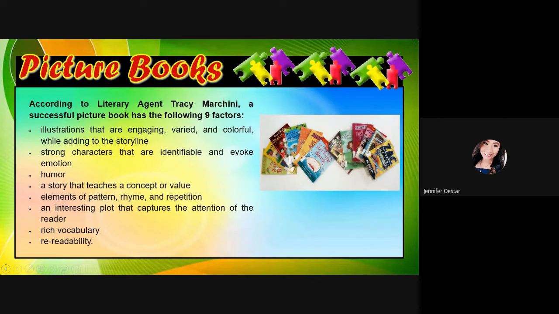Then humor, of course. Actually, class, when you say humor, it doesn't necessarily mean that it's funny, but it has a positive impact. It can make the mood positive, or it could turn a child to be happy. So a story that teaches a concept of value, of course, it should have values integrated.